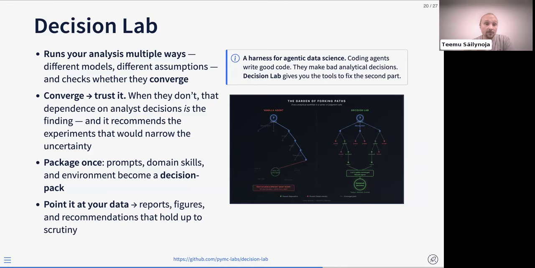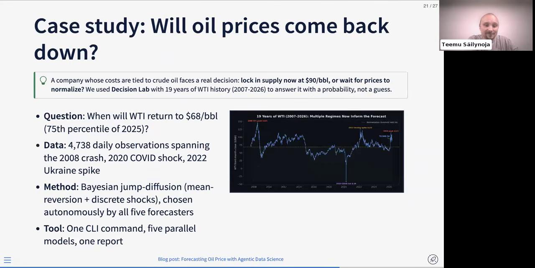If you get new data, you're facing the same question again later on. And for this, we then built a decision lab, a decision pack, for the question and problem just described, for oil prices. And I will hand over to Camilo.